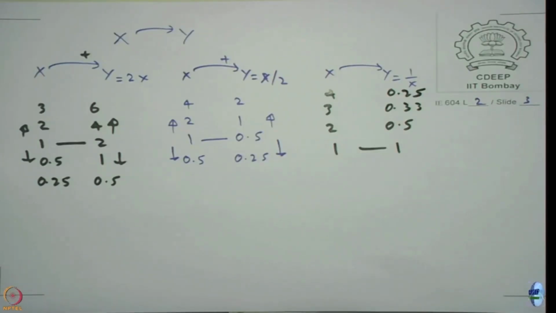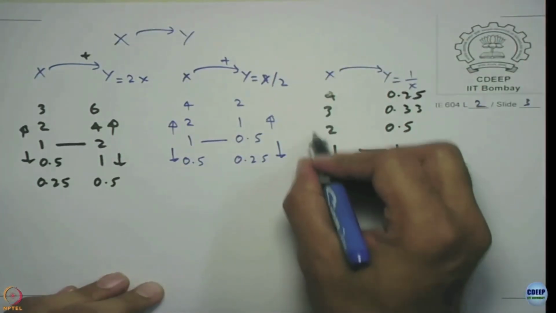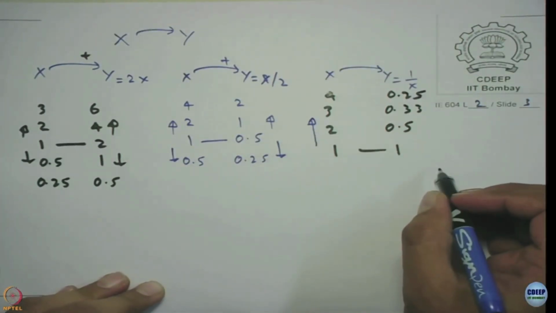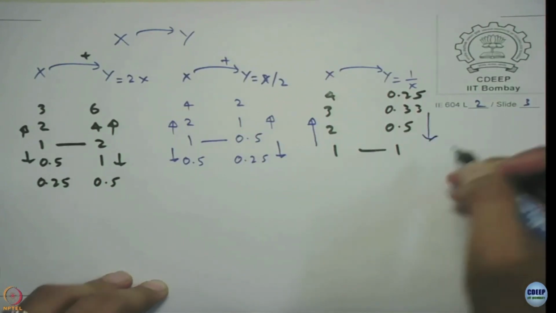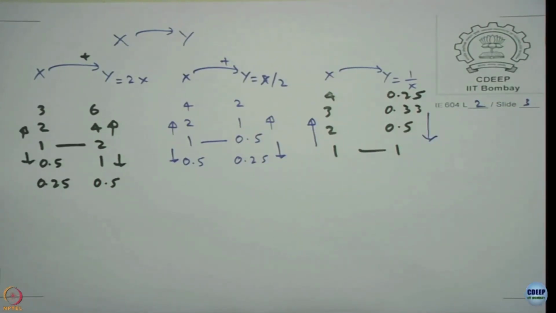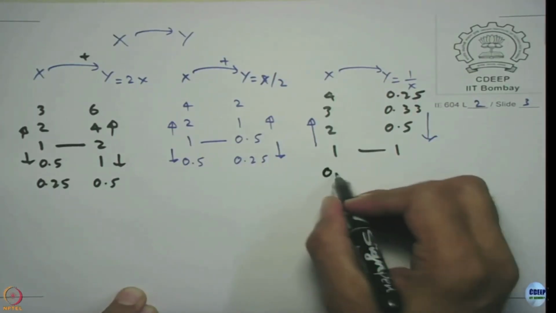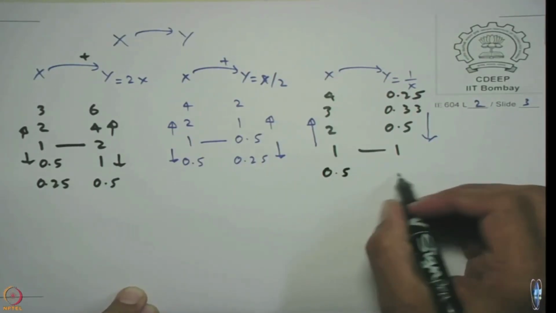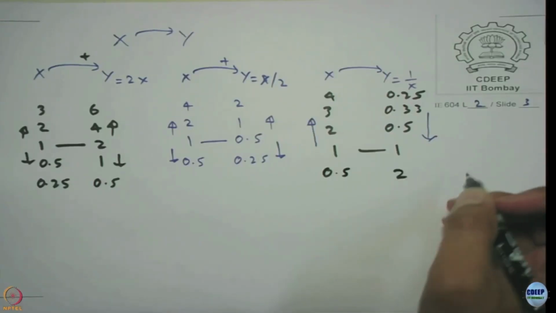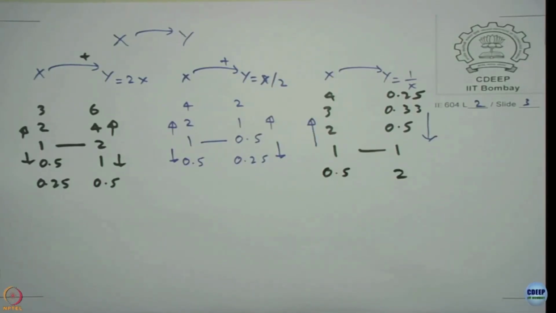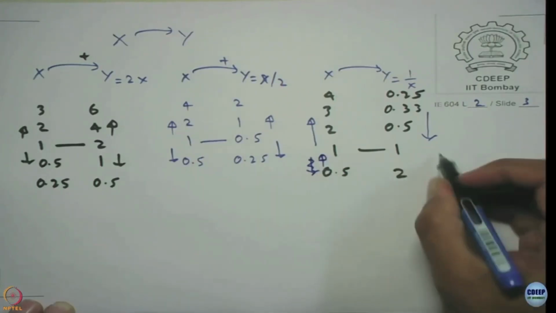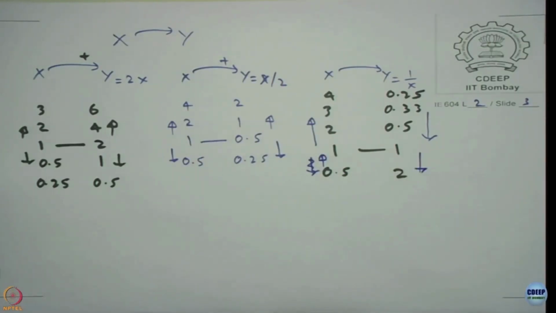Here you can clearly see as x is increasing, y is decreasing, correct. Now, let us see what happens in the opposite direction. As x becomes 0.5, y becomes 2, and so on. You can expand the case, just to make it understood.